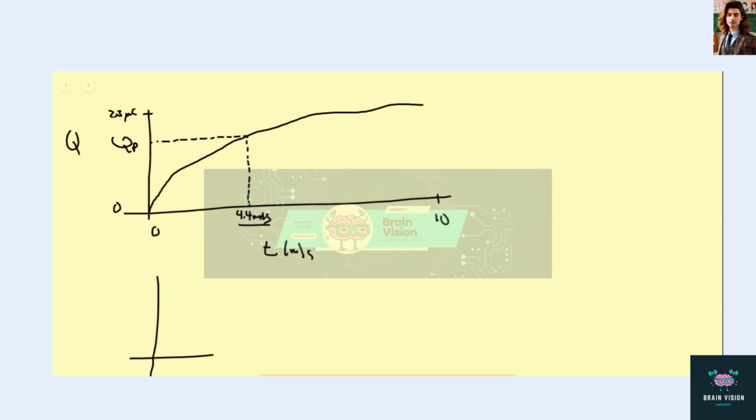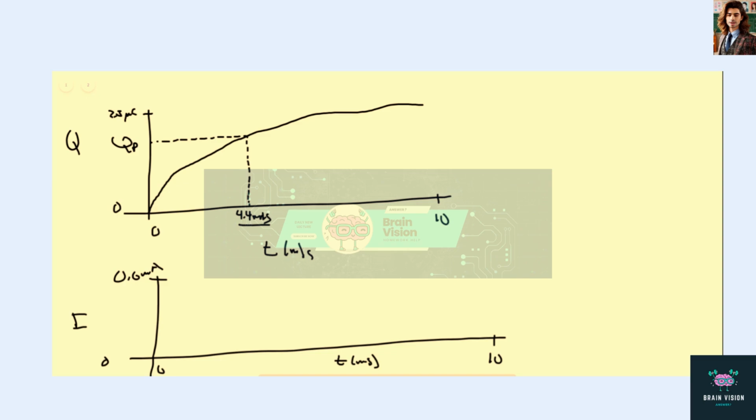Okay, let's plot the other line here. So this is the current. Oh, sorry, this is still time on the x-axis, of course. So this is time in milliseconds from 0 to 10 milliseconds. And now this is current, and this goes from 0 to around 0.6 milliamps.